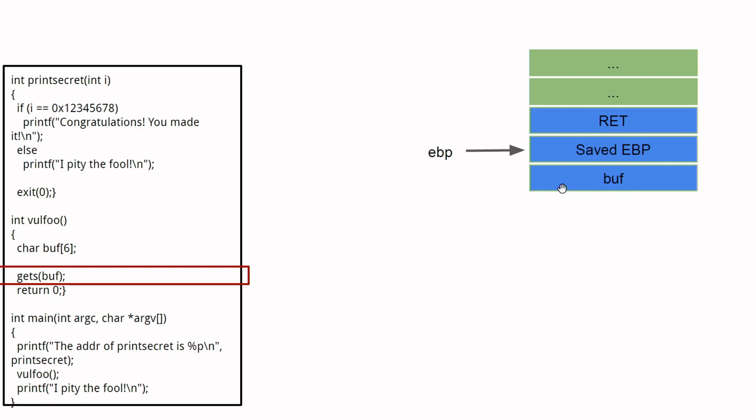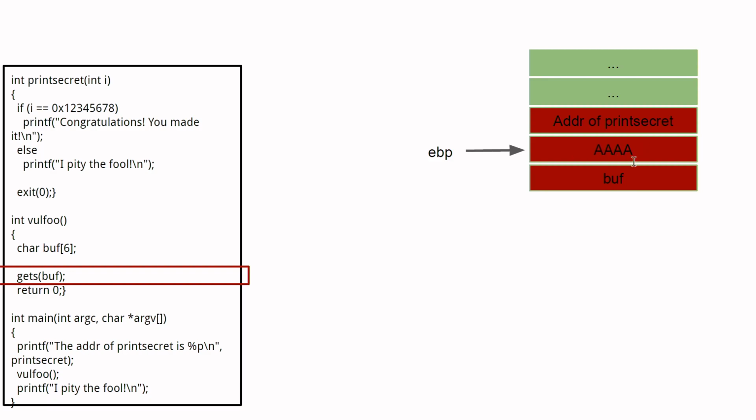We haven't overwritten anything yet. There is a buffer, there is saved EBP, there is return. Now when we do gets, we will be able to overwrite everything here. And what we're trying to do is we need to overwrite the return address. We already know that. And also, we cannot avoid overwriting the saved EBP.